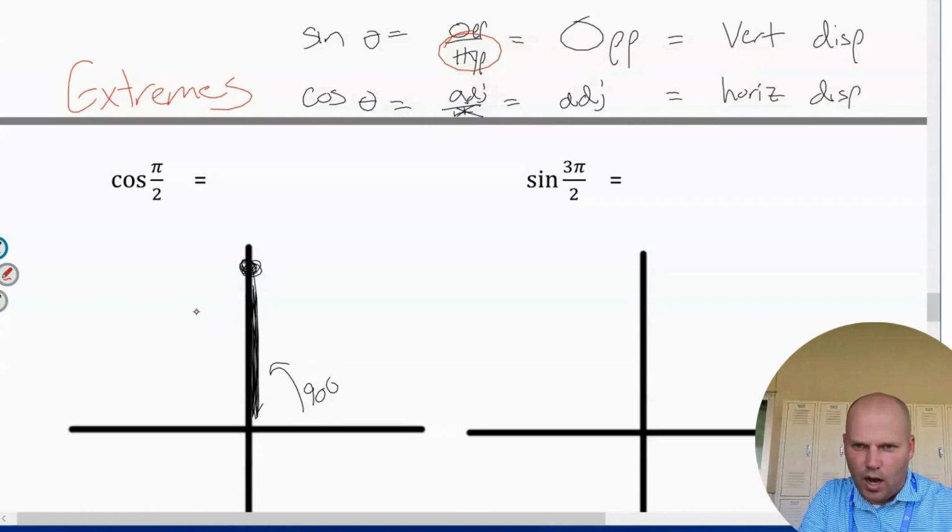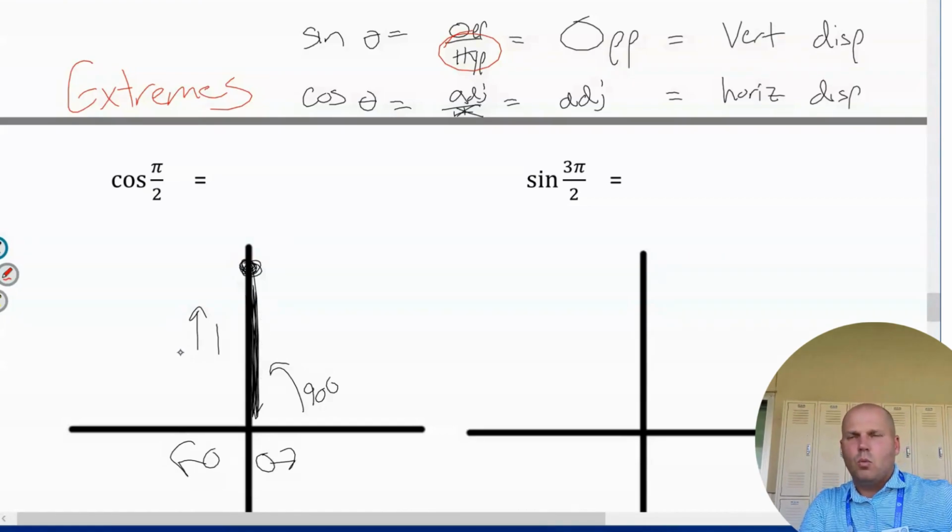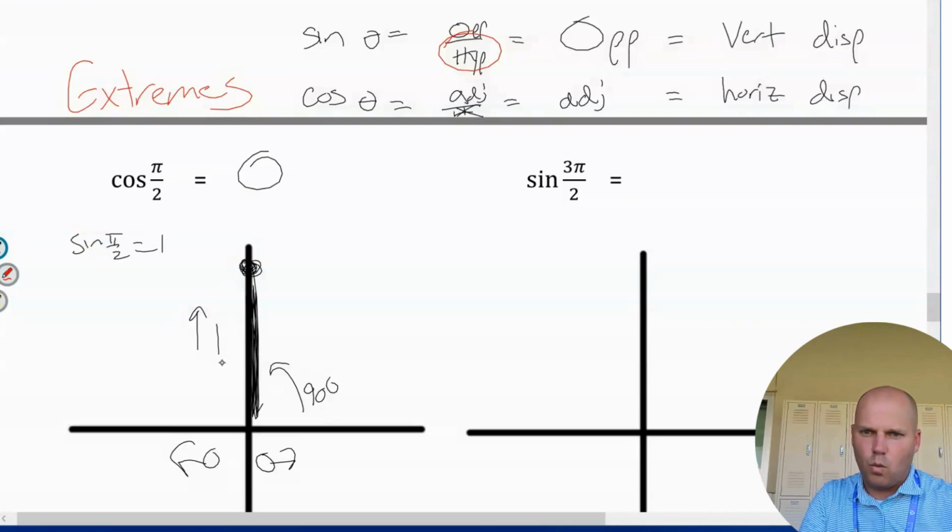Well, we traveled up. Did we go to the left or to the right at all? No, I did not go to the left. I did not go to the right. Just went up. Well, here we have a triangle whose opposite side is 1, whose hypotenuse is still 1, but whose adjacent side is 0. Since the horizontal displacement is 0, the cosine of pi over 2 is 0. Now, if I ask you what's the sine of pi over 2, you'd say it's 1. Why? Because we go up 1.